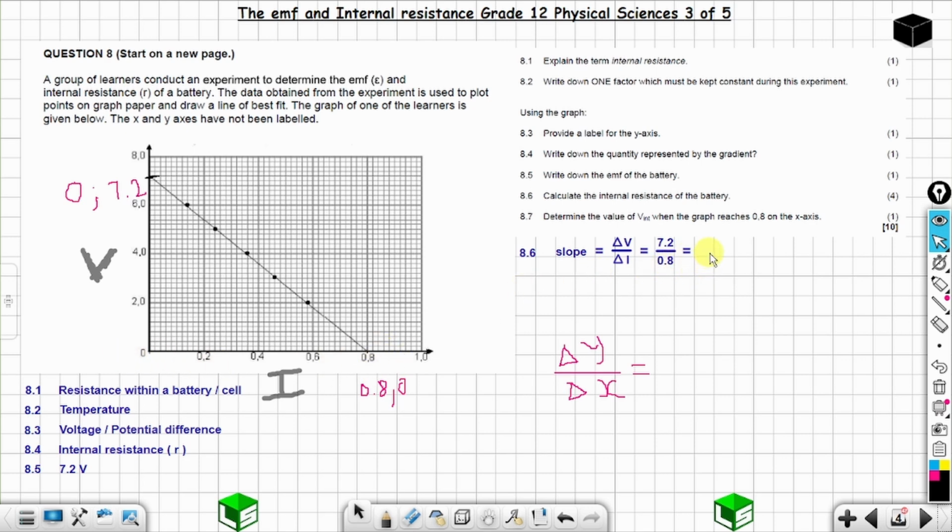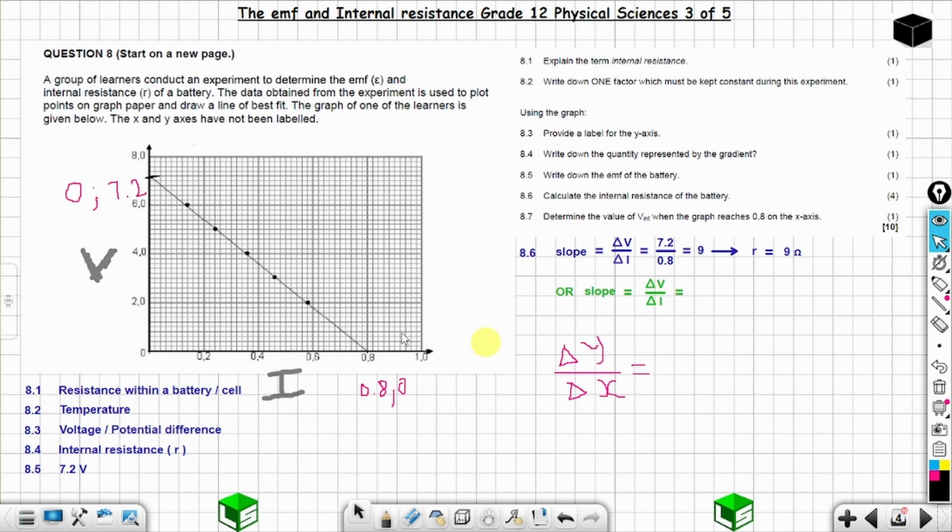You are going to have 9. So the internal resistance is equal to 9 ohms, or you can use the coordinates. The slope is equal to change in the voltage over change in the current.